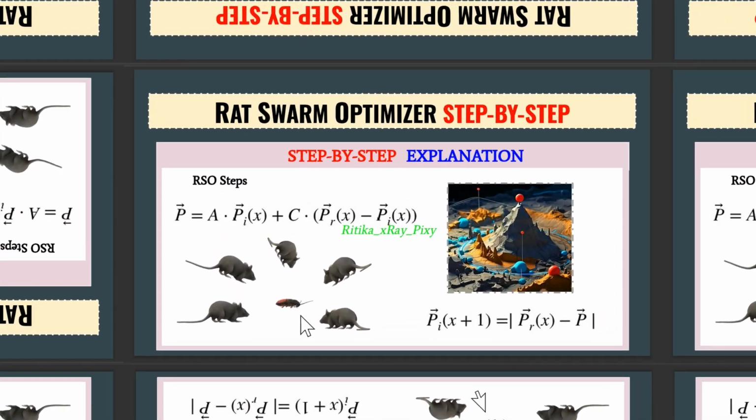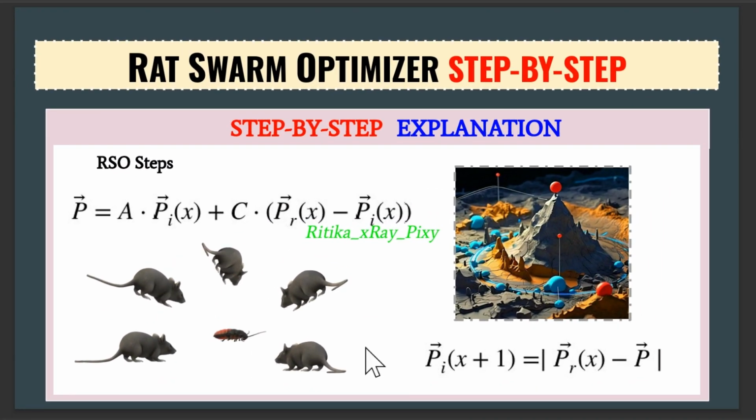Now step by step we will discuss how this algorithm works. Again, I'm repeating, this algorithm is modeled on how rats aggressively chase a target, which is the solution here, and they work together, updating their position based on their individual and shared information. They will update their position and try to find the best solution, that is the optimal one.